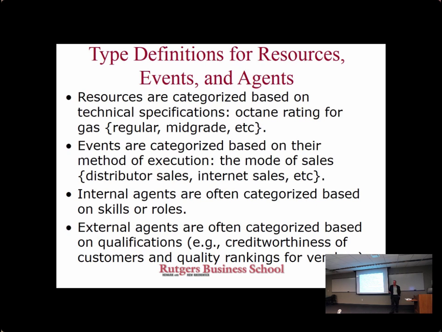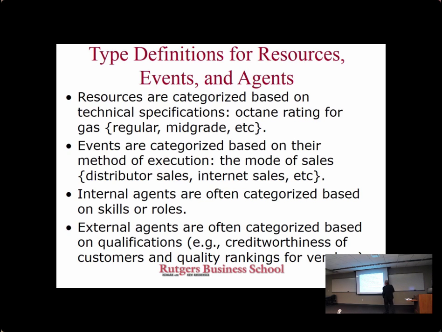Internal agents are classified based on their roles or their skills. For example, we can have a group which are salespeople, another group which are inventory people, and yet another group which are accounts receivable people. Those are different categories of agents.